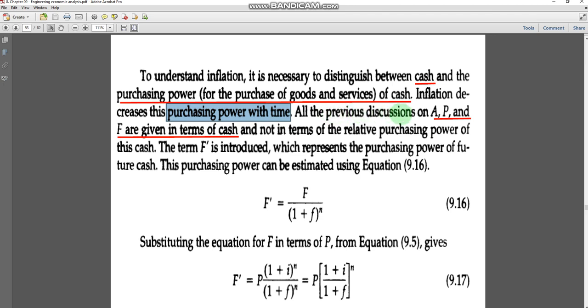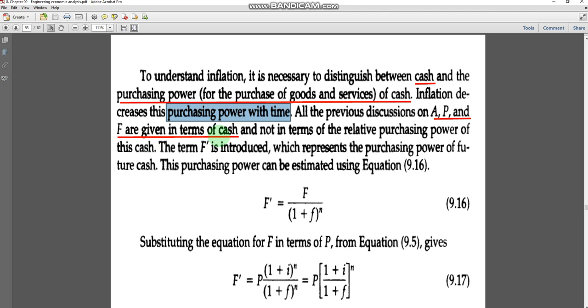All the previous discussions on A, annuity, P, principal amount or present value, and F, which is the final value, are given in terms of cash and not in terms of the relative purchasing power of the cash. So earlier, in whatever questions we solved, we simply talked about A, P and F in terms of the cash. We didn't consider the purchasing power of that cash. What does it mean?